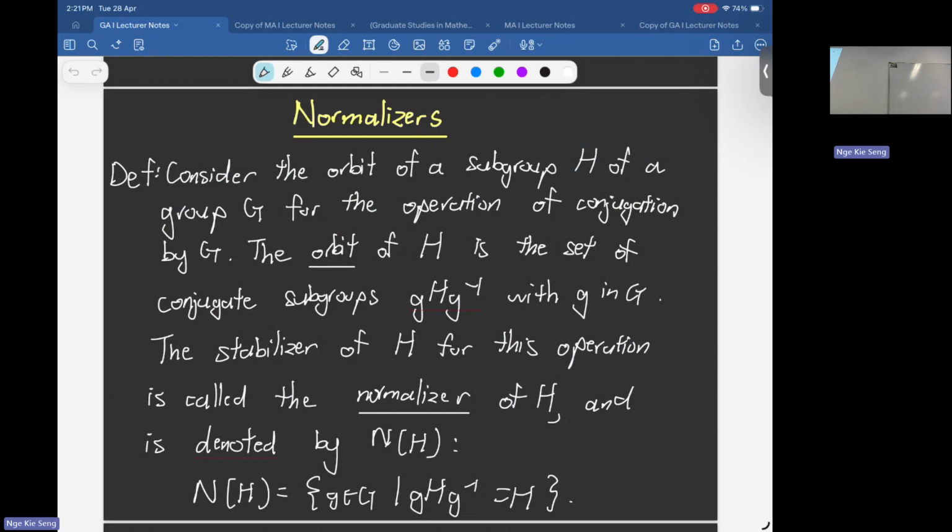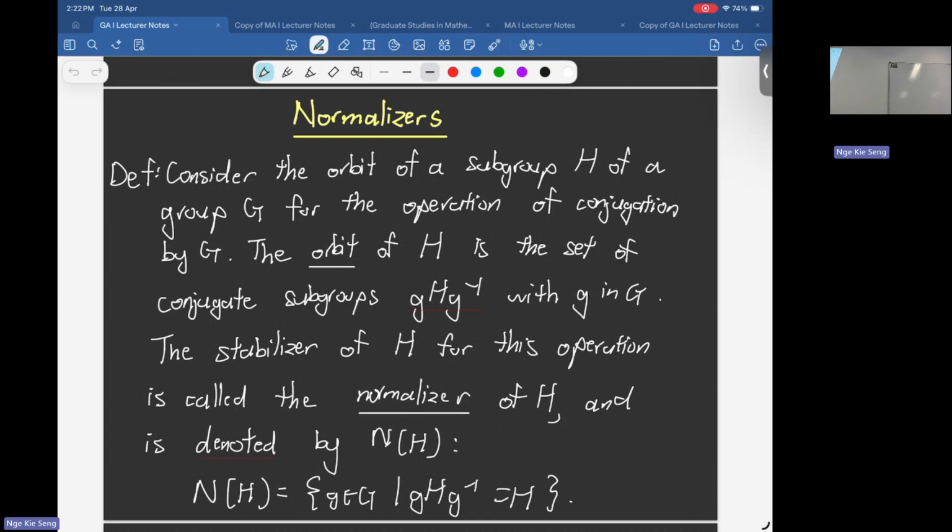Previously we have the conjugacy class and the centralizer, which are actions on the elements of G. But now this is an action on the set of subgroups. Previously it was an element and now it is a subgroup. So you see how this g sends the subgroup to which subgroup.